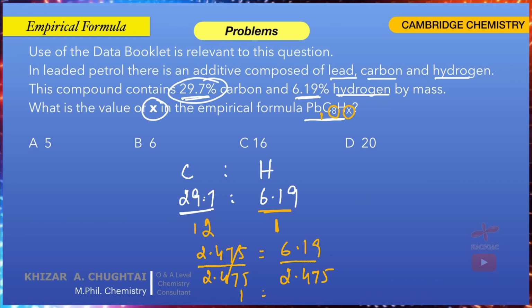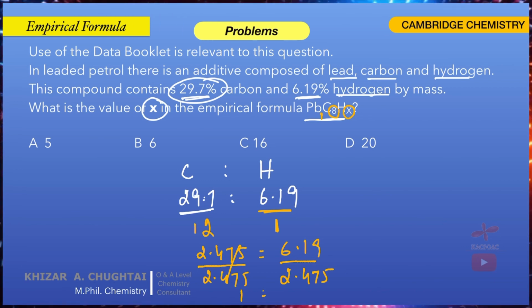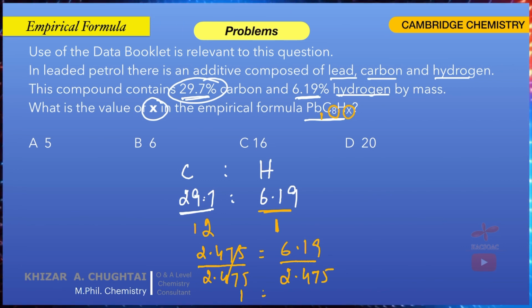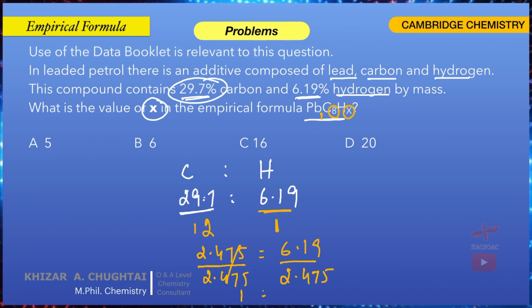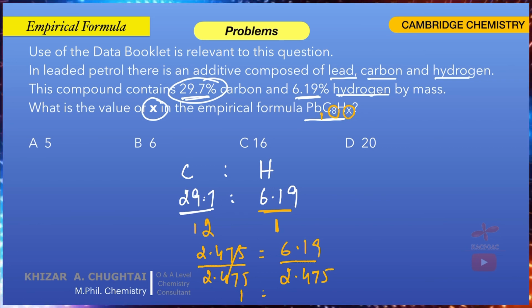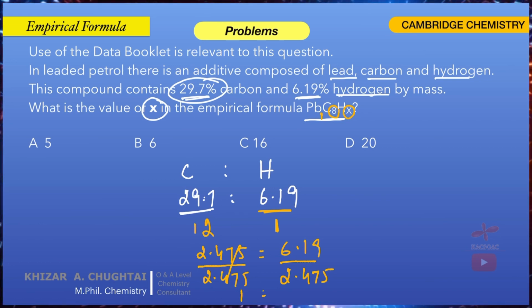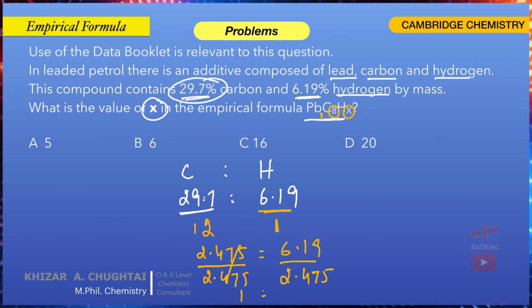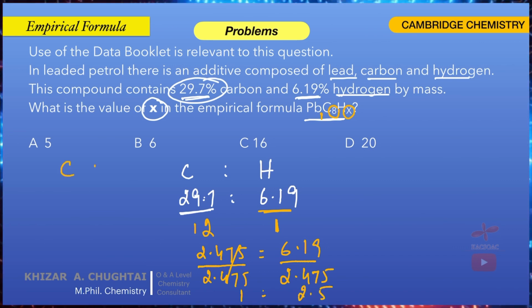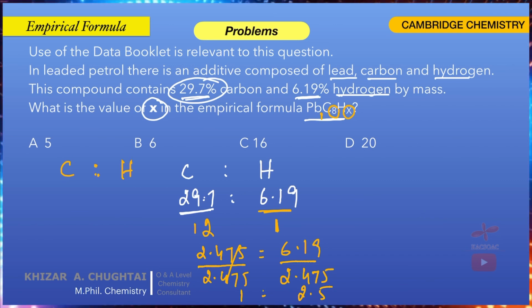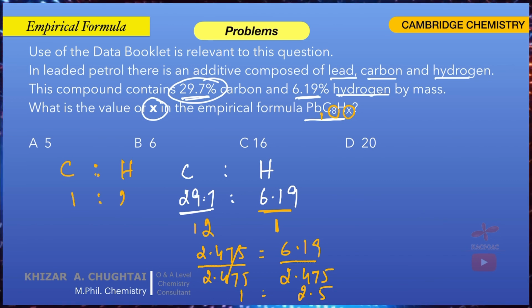And what will be the answer? 6.19 divided by 2.475, and the answer is 2.5. So the simplest ratio of carbon and hydrogen is 1:2.5.